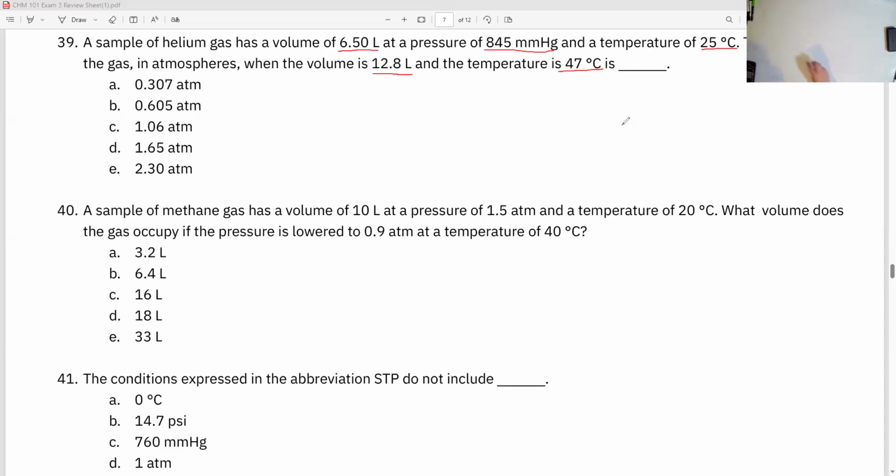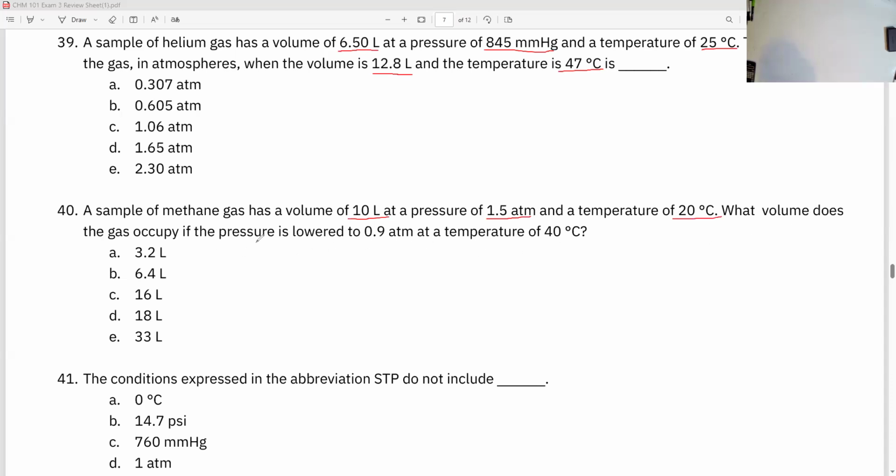When you're working with three variables instead of two, that's when we're working with our combined gas law. And the combined gas law is like its name: it looks like a combination of those other gas laws that we looked at. In question number 40, it says a sample of methane gas has a volume of 10 liters at a pressure of 1.5 atm and a temperature of 20 degrees Celsius.